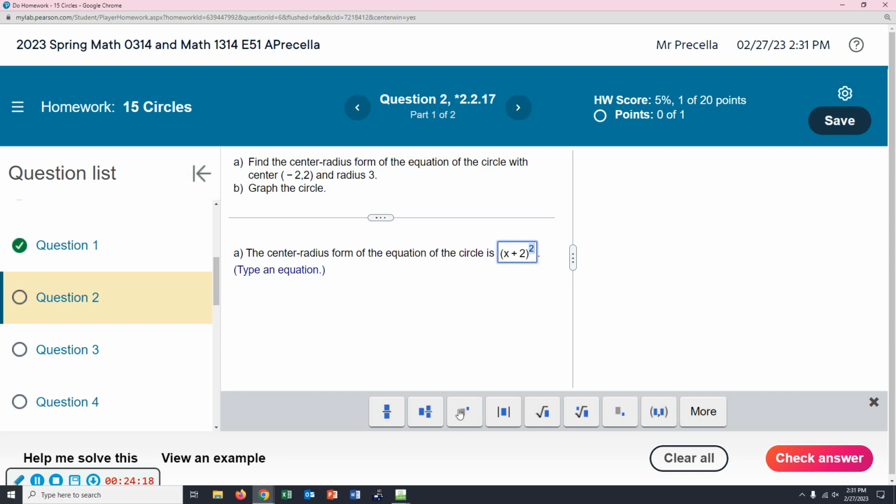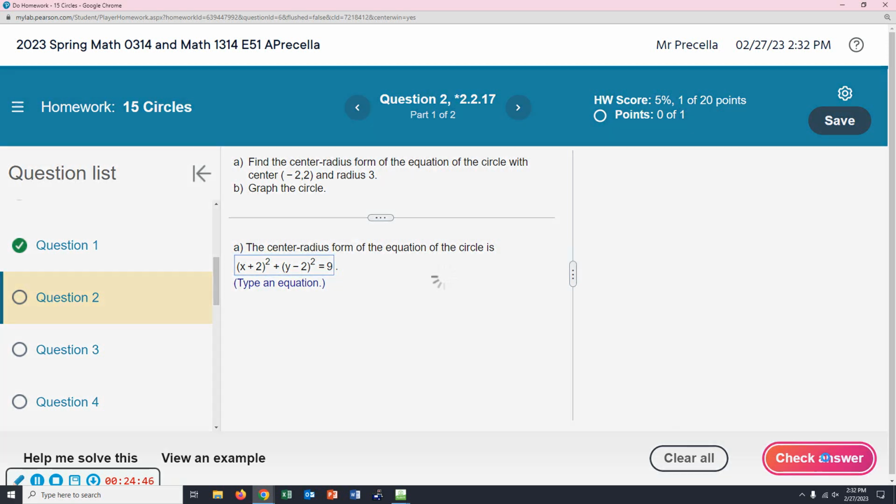Squared, right arrow or down arrow to get out of that exponent, plus parentheses y minus 2 close parentheses, exponent, square, down arrow, equals 9. Let me see if I got that right.